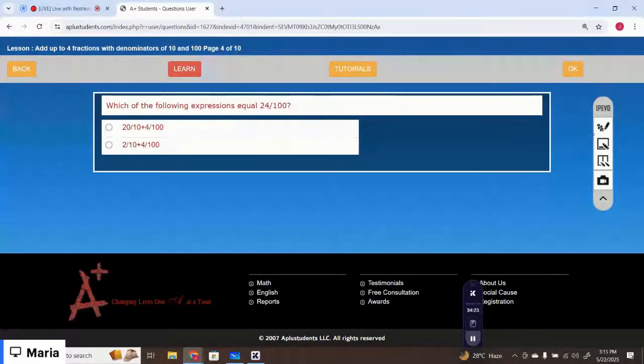Option number 2 is the correct option. That is 2 by 10 plus 4 by 100.